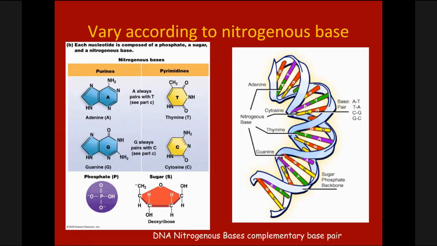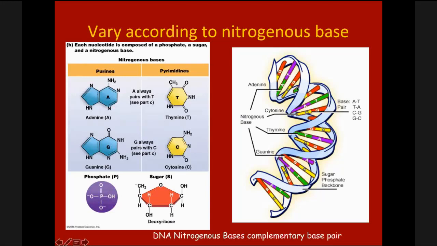The way I remembered it was cytosine, the curvy letter, always binds with guanine, the curvy letter. Adenine and thymine are both straight letters. I don't know, maybe that'll work, maybe not. Does this make sense? So DNA is a double strand of nucleotides held together by interactions between the nitrogenous bases.